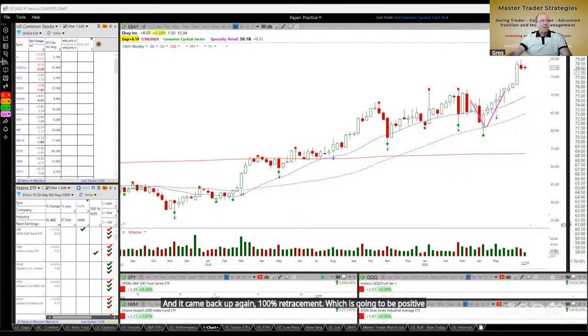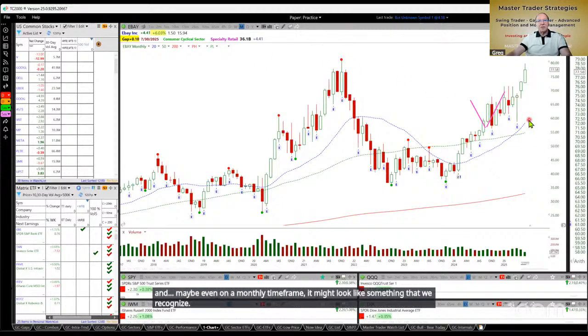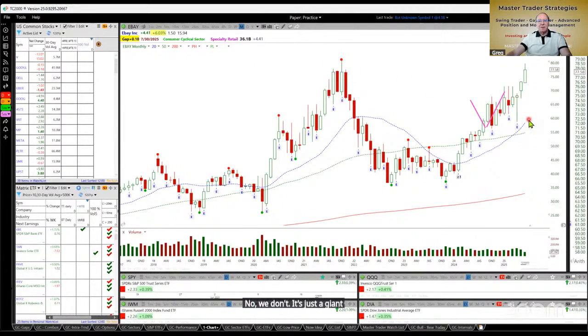And maybe even on a monthly time frame, it might look like something that we recognize. No, we don't. It's just a giant bottoming tail bar. So that's retracement concepts. That's all covered in the course as well. That's retracements.